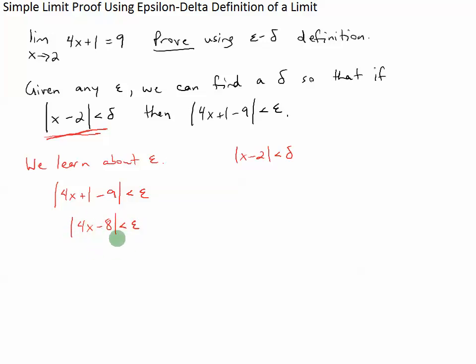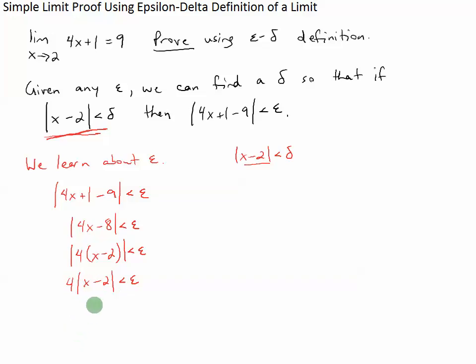And I notice now I need an x minus 2 in this statement, and I could easily get an x minus 2 over here by factoring out a 4. Furthermore, I have the absolute value of x minus 2. Luckily for us, 4 is a positive number, so I can pull it out of the absolute value without changing anything here, and I have an equivalent statement, but my 4 is outside.